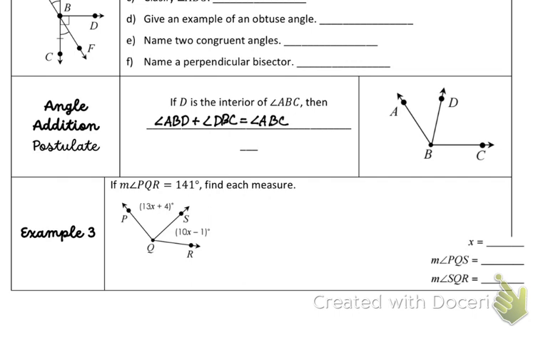In other words, small angle plus small angle equals a bigger angle. Just like a segment plus a segment equals a longer segment, we can do the same thing for angles. That is our angle addition postulate. You are adding angles.